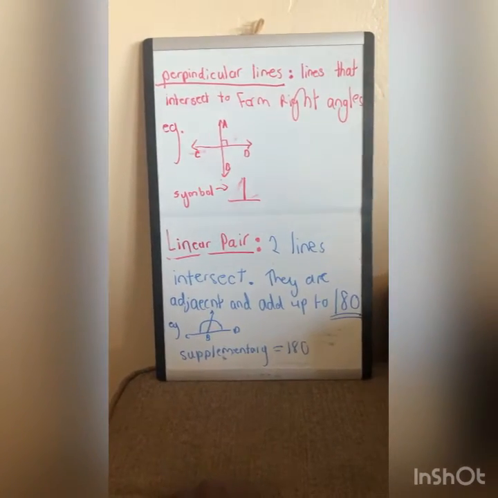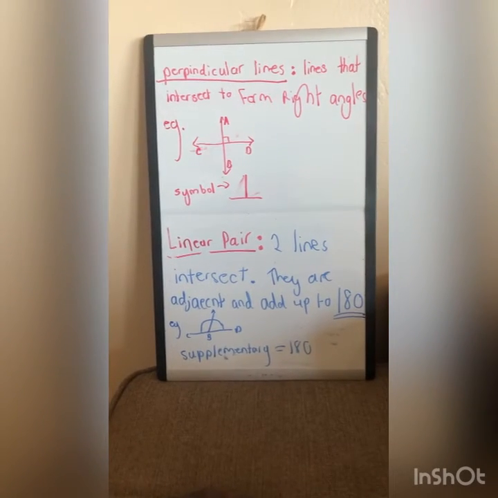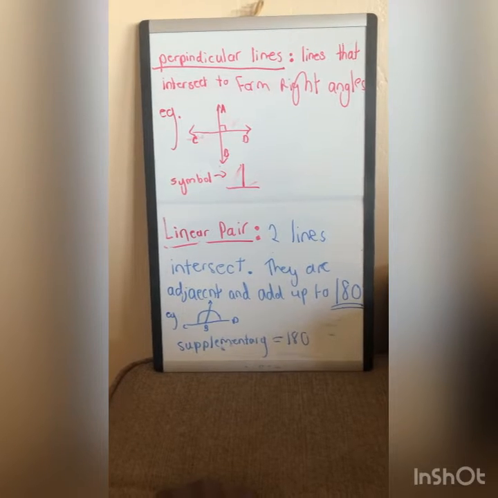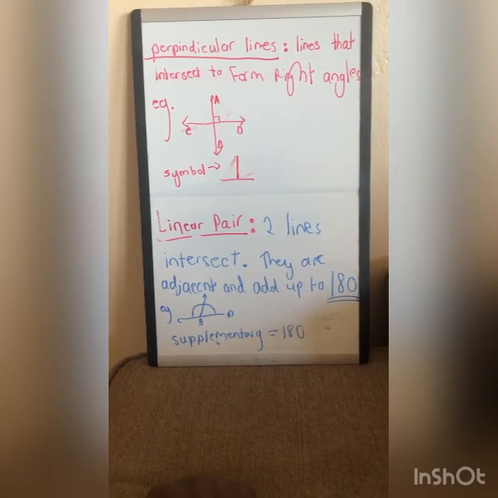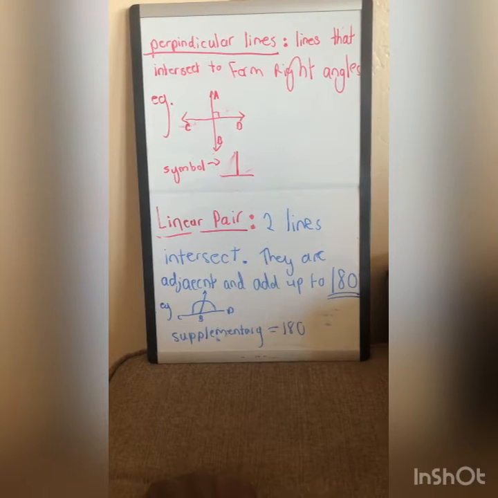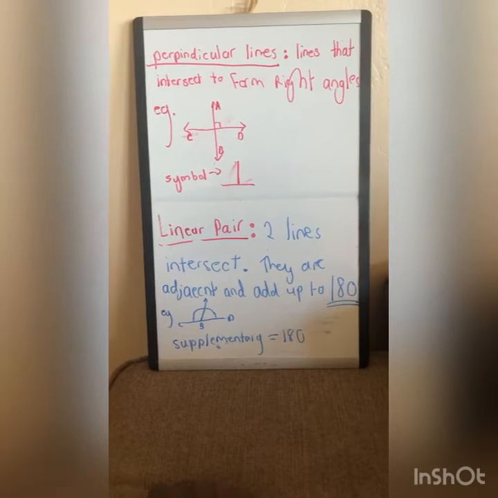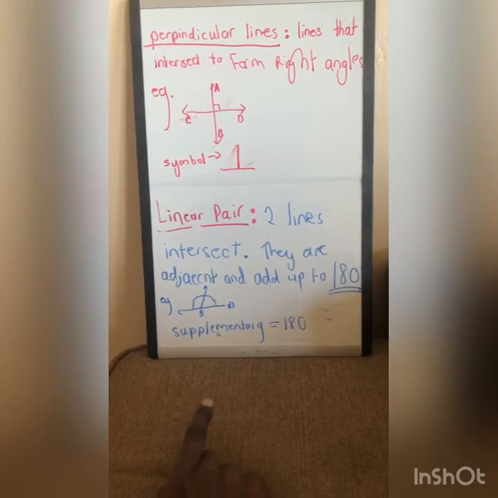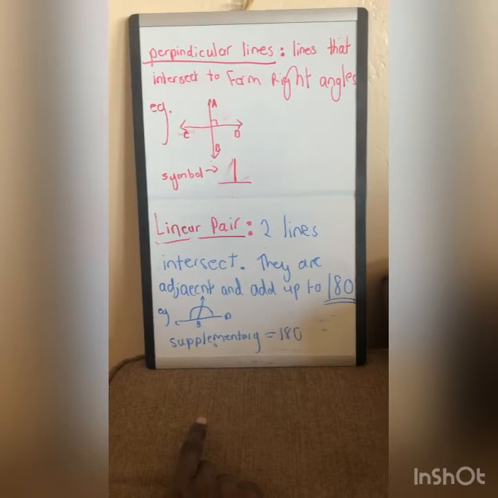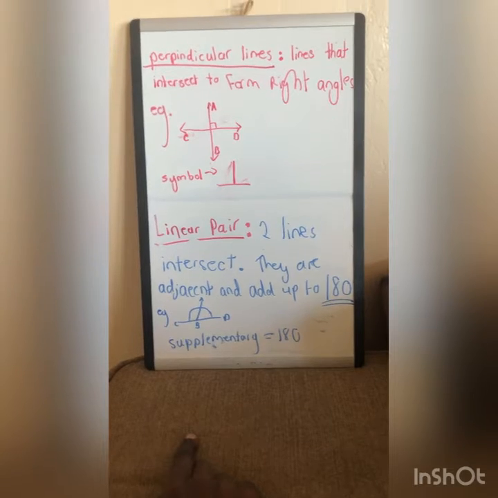Now those adjacent angles add up to 180. A linear pair, the angles always add up to 180. Another way you can refer to 180 is supplementary. Supplementary angles are 180, and so the angles of a linear pair add up to 180.